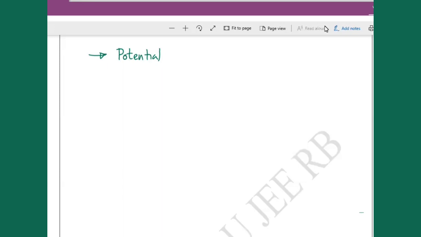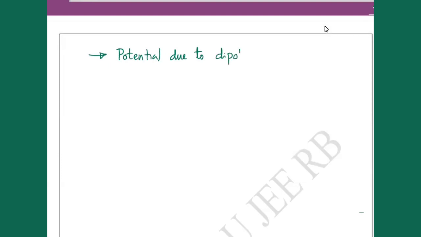Electric potential due to an electric dipole at any point. We want it at any point. To calculate that, let's try to recollect. Potential due to a dipole at any point is what we require.